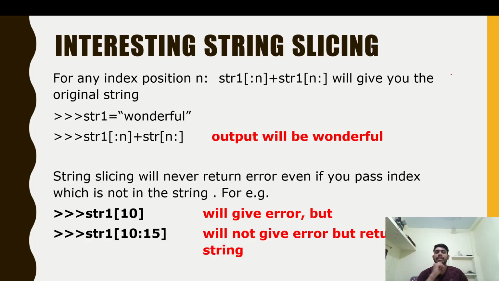Interesting string slicing. For any index position n, string1 of 0 to n, then string1 of n to the last, will together give you the original string. You can check here. This one will give an error, string1 of 10 will give an error.